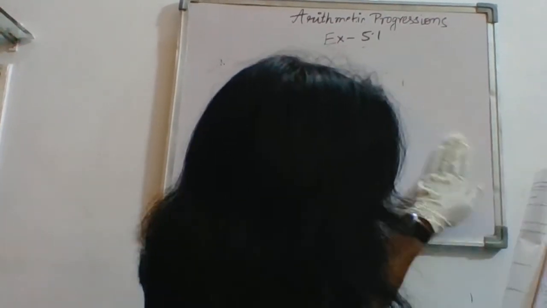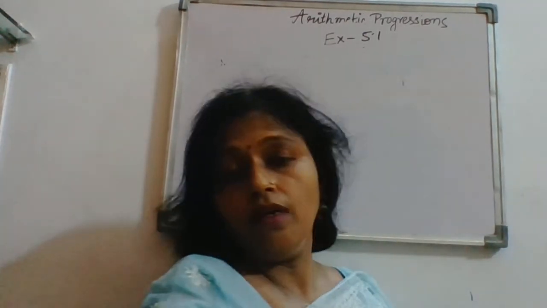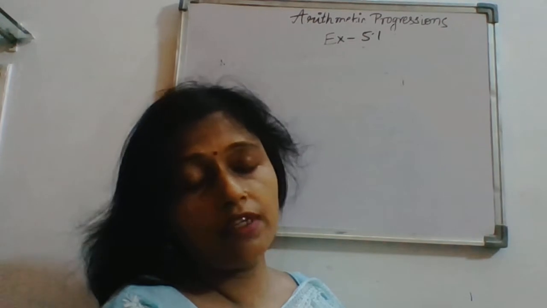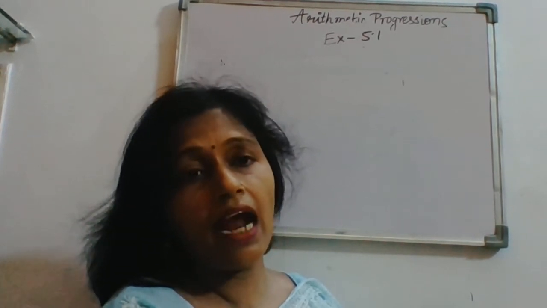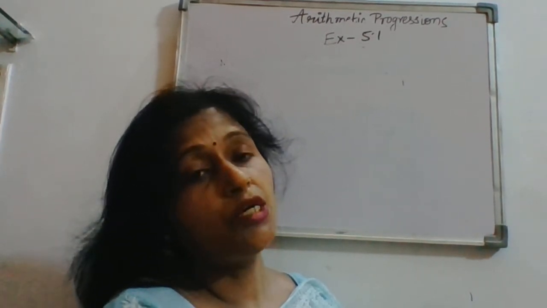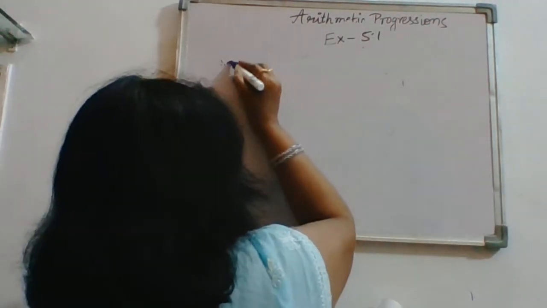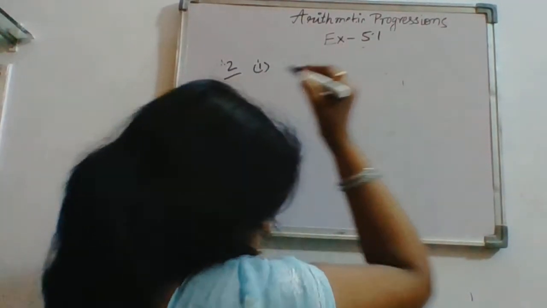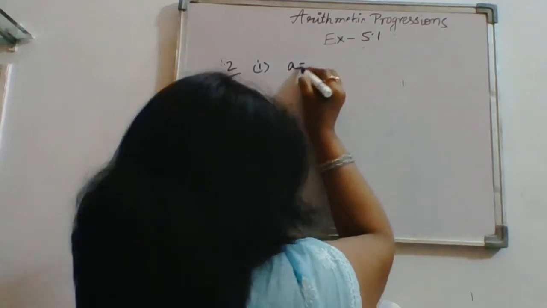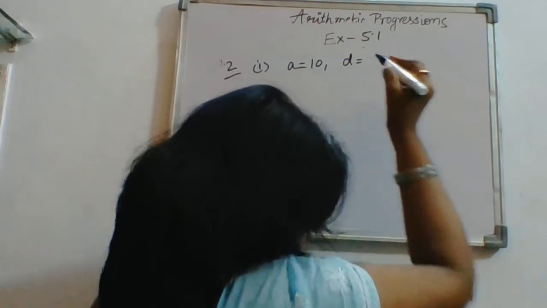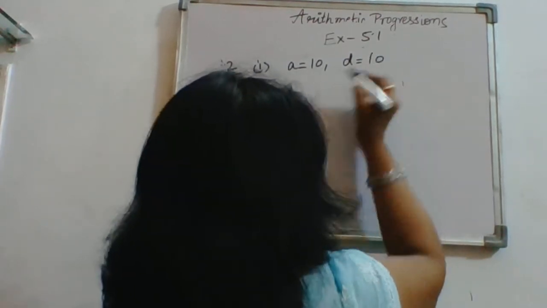Just remember the definition that in the list of numbers, leaving the first one, the rest of the terms are obtained by adding a fixed number to the preceding term, right? So here question number 2, first part, A is your 10 and D is your 10, right?